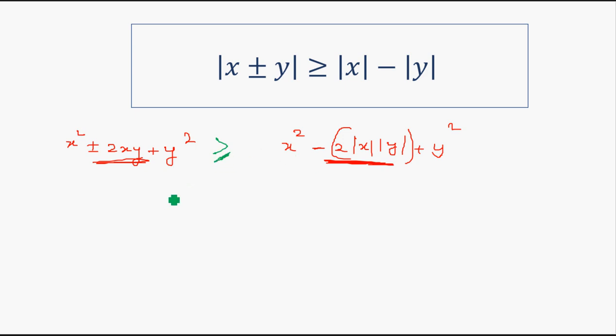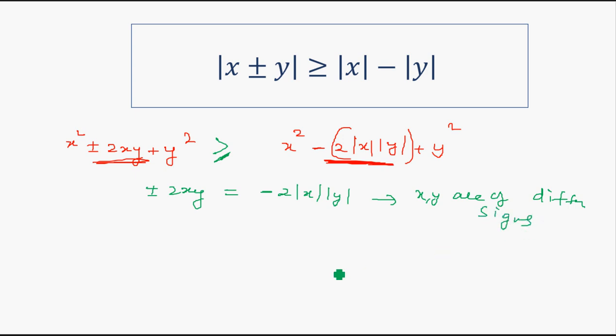What is that condition? When plus or minus 2xy is negative, that is, it equals minus 2|x||y|, right? And when will that condition be? Now this condition will only be true when x comma y are of different signs or opposite signs, right?